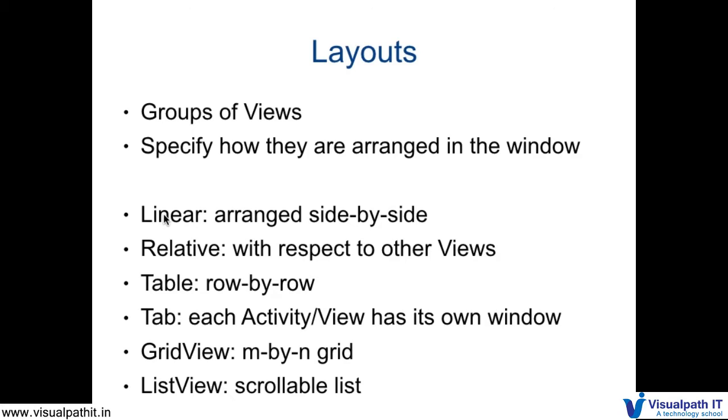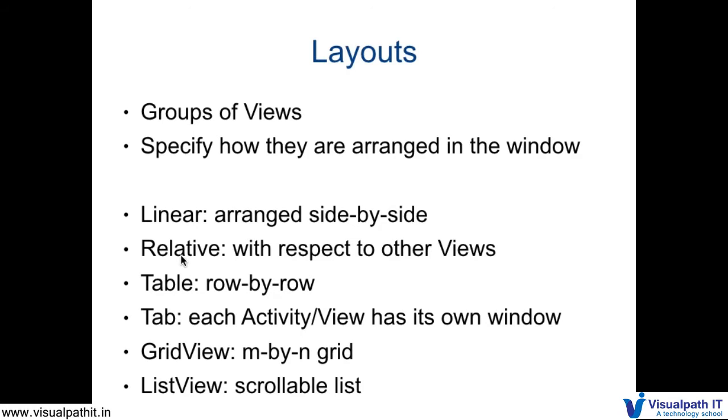For example, I have 5 buttons which I have to arrange vertically, top to bottom. Then I'll just name it as a linear layout. Within that linear layout, I'll say the orientation as vertical. Within that linear layout, I'll just put 5 buttons. So all these things will be arranged linearly in vertical format.